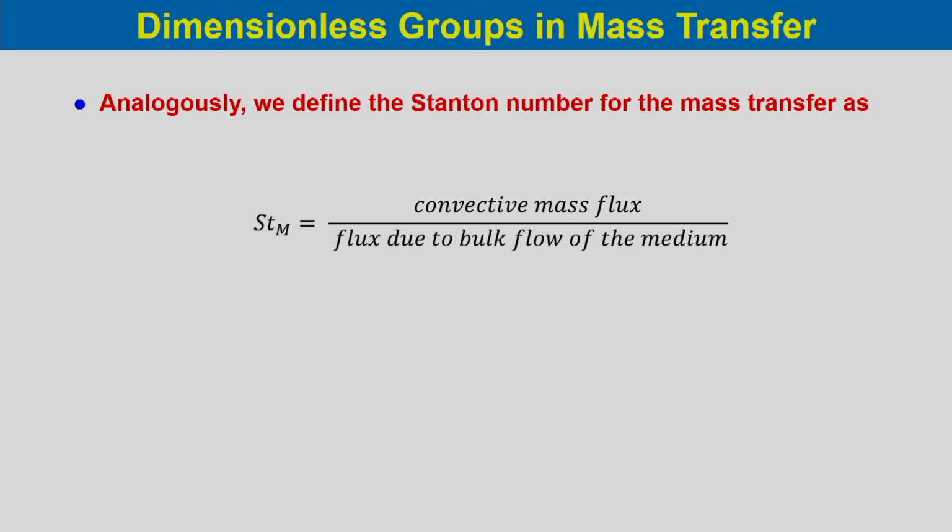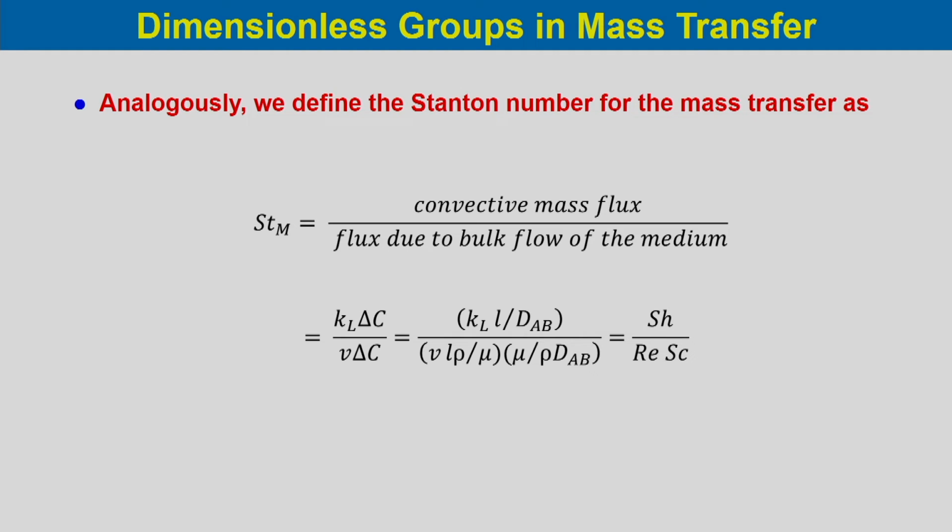Similarly, in case of mass transfer, we can also write the Stanton number, which is the convective mass flux divided by the flux due to bulk flow of the medium. So, the convective mass flux, as we know, is KL into delta C, divided by V into delta C, that is the flux due to bulk flow.